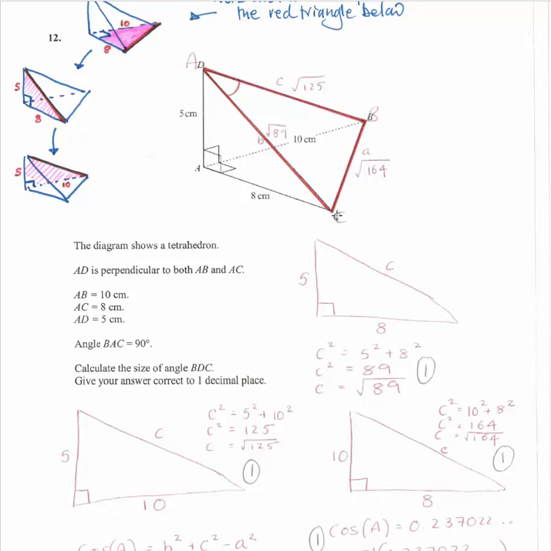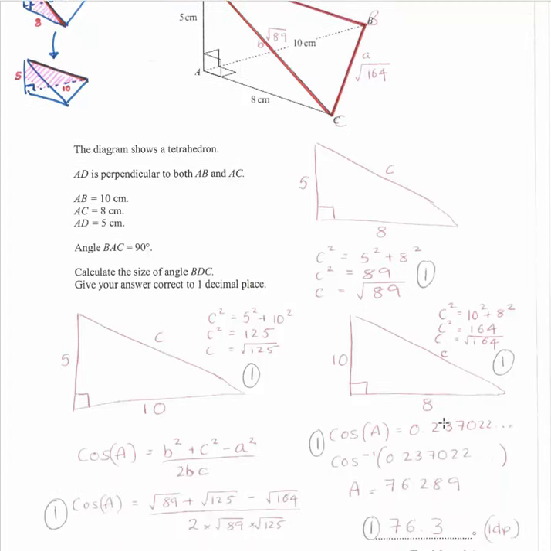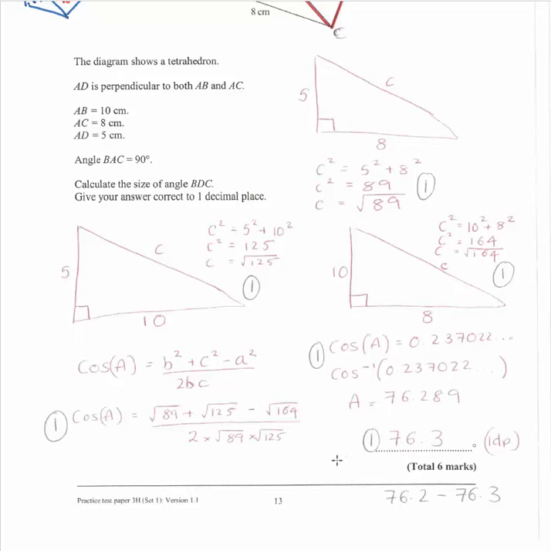So now we've got a triangle where this is the square root of 164, this is the square root of 125, and this is the square root of 89. And then you put that into your cosine rule formula. You can see here that the teacher has rearranged it to get the cos A all on its own, or you can do it in bits like we did in class. These should be squared, so that's a little bit of a mistake there.